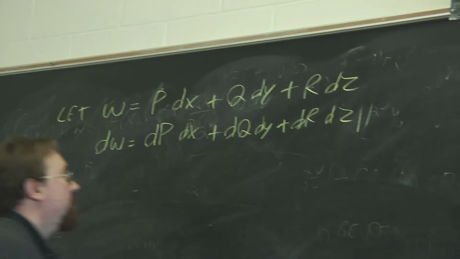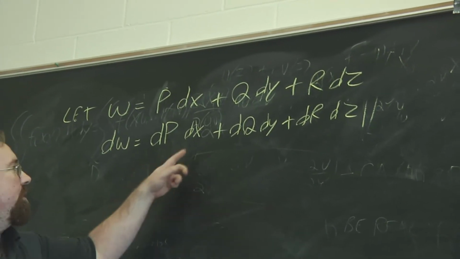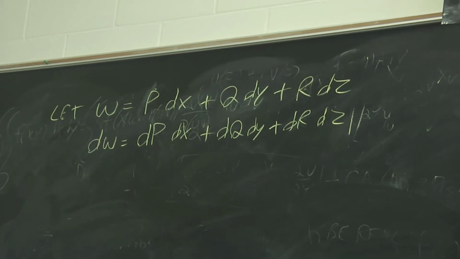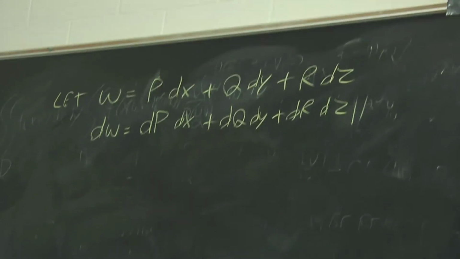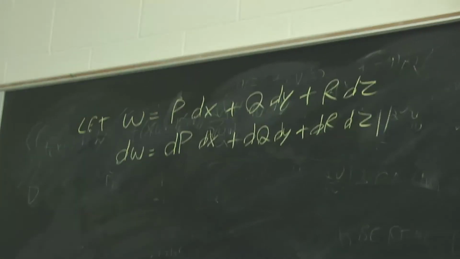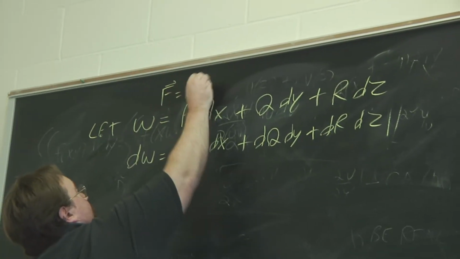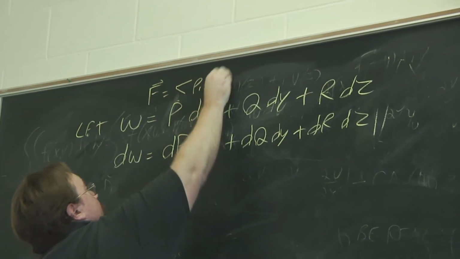There are other terms that come up where you're applying a differentiation operator to dx, dy, dz, but as we saw last time, all of those are going to turn out to be 0, so not going to bother with them. But then p, q, and r are functions, and let's assume that they're components of a vector field f, which will also be used.